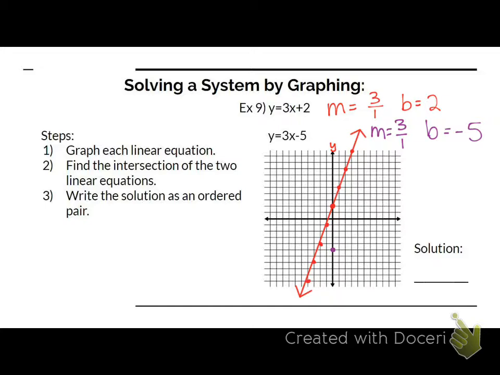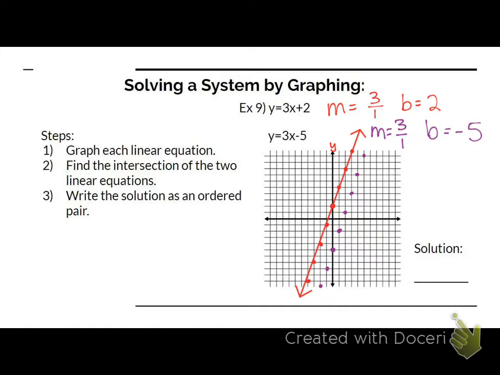Up 3, right 1. It's the same slope, so I'm going the same direction. Up 3, right 1. Or I could go down 3, left 1. Jasha noticed something interesting. Where do they cross each other?